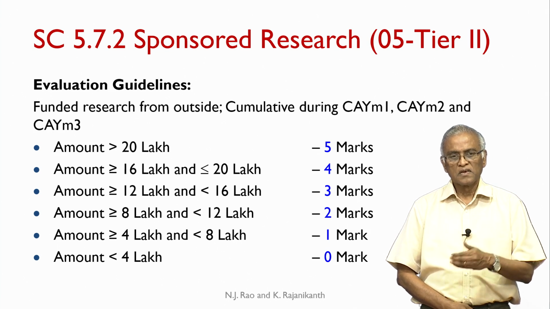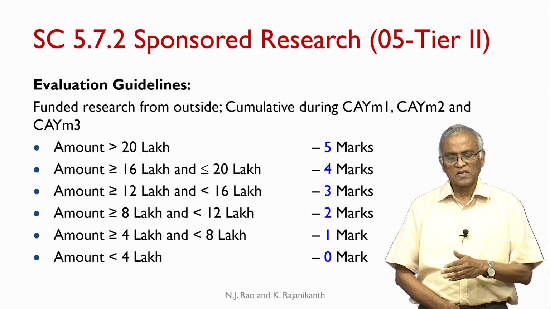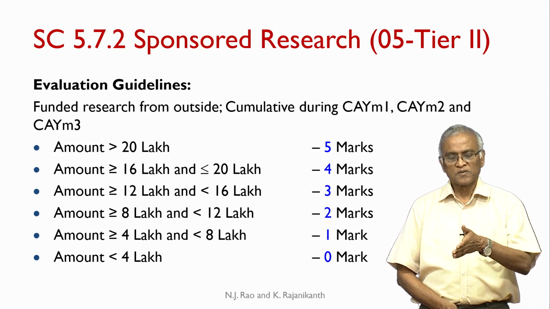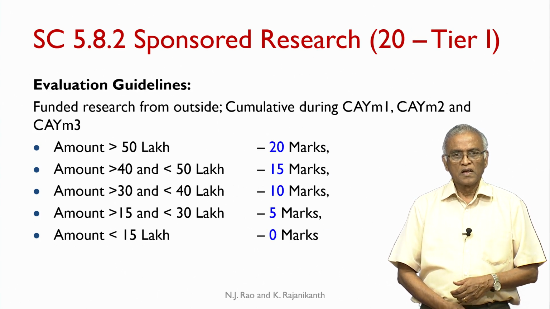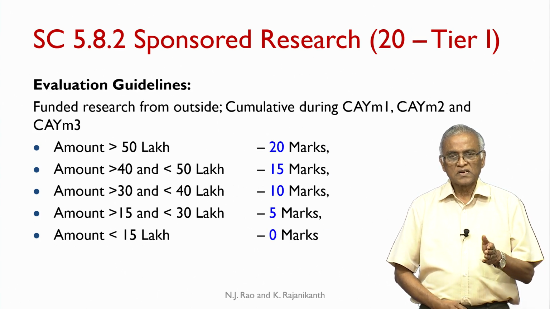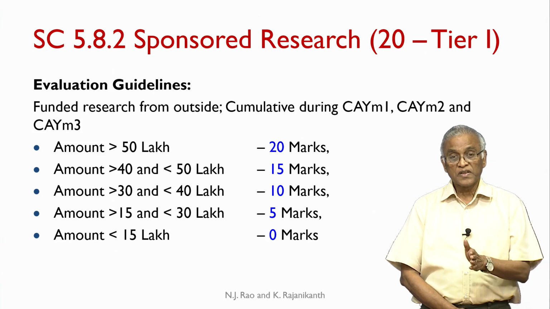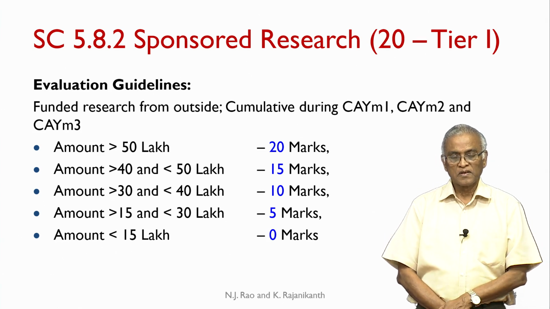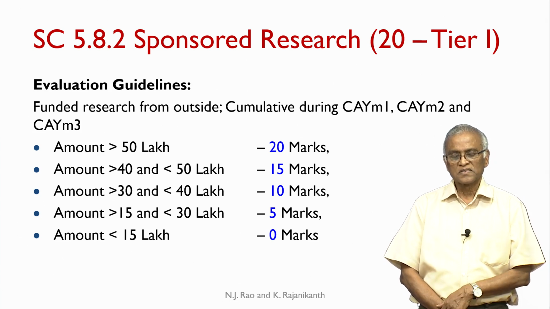And similarly, all the way, if it is less than 4 lakhs, you get 0 marks. Otherwise, you get marks on a pro rata basis as given in this particular list. Whereas in tier 1, you get 20 marks, and that is given like this. If it is 50 lakhs, you get 20 marks. 40 to 50, 15 marks, and so on. If it is less than 15 lakhs over 3 years, then it does not get counted.